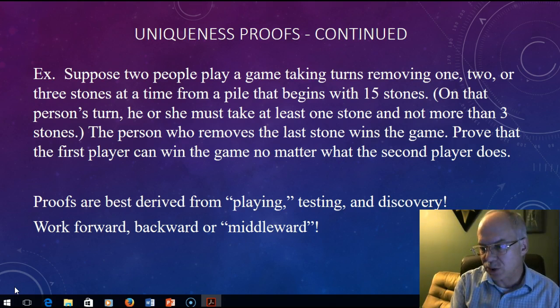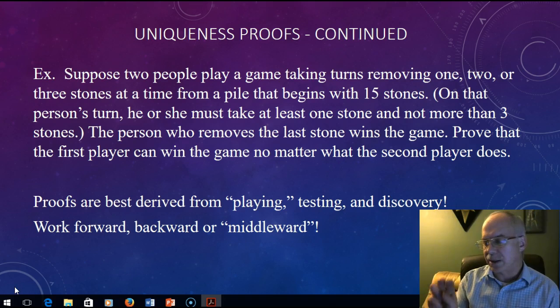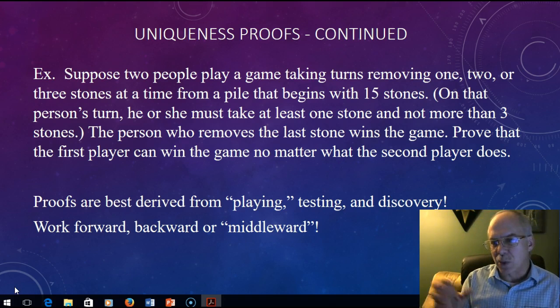Or if your opponent picks 2, then you pick the remaining 2 and you pick the last stone. Or if the opponent picks 3, that still leaves 1 stone that you get. So that's how to win this game. It's just this repetitive process, and it shows that you can always win the game.